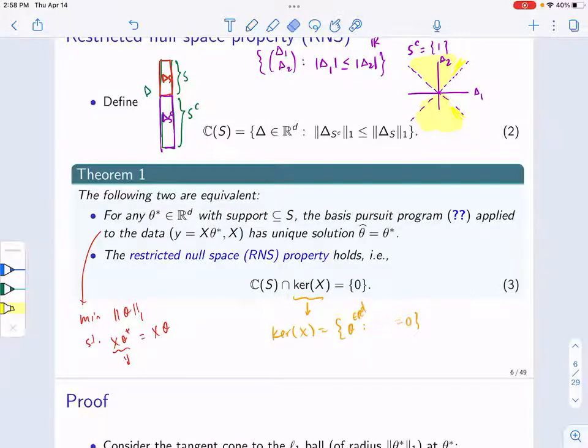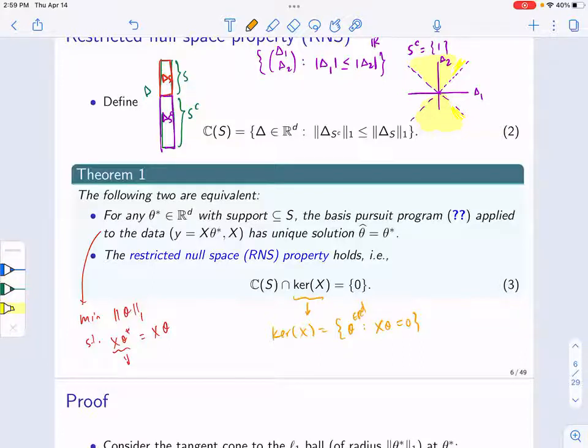Okay, if you recall, this kernel is problematic because if I add anything from the kernel to theta, it's going to satisfy these linear constraints. So this part is not identifiable. If I have solutions, I can add to them anything in the kernel.